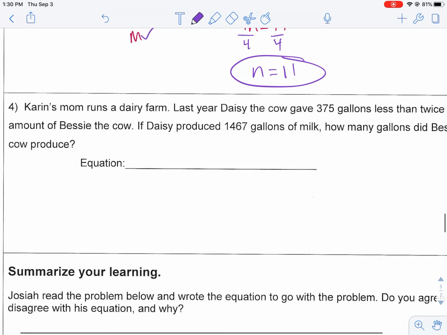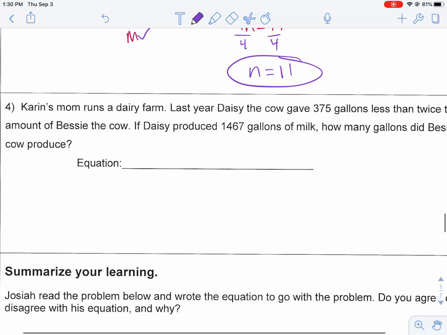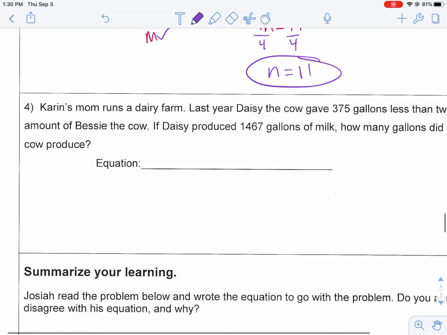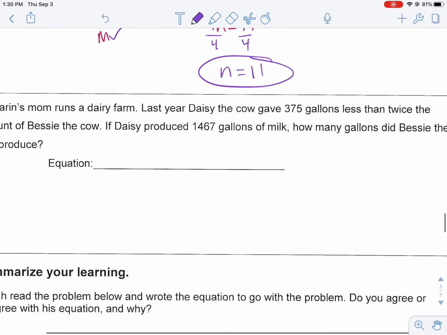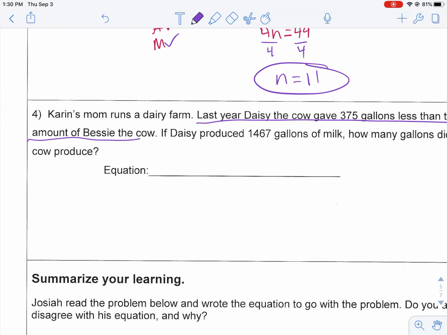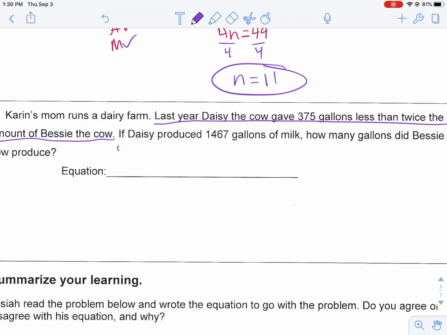Then, number 4, Karen's mom runs a dairy farm. Last year, Daisy the cow gave 375 less than twice Bessie. Daisy produced 1467. How many was Bessie? So let's put one sentence in my equation first. Daisy, we don't know how much she is yet, gave or equals 375 less than.